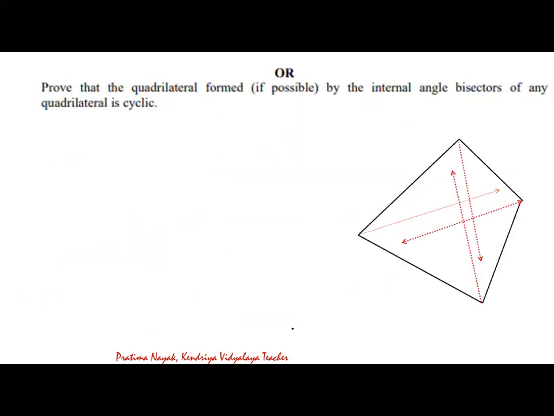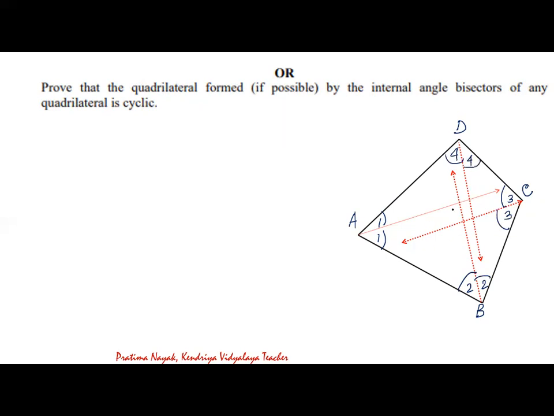Next, prove that the quadrilateral formed by the internal bisectors of any quadrilateral is cyclic. So I'm taking a quadrilateral ABCD. These are the bisectors: angle 1, angle 1, angle 2, angle 2, angle 3, angle 3, angle 4, angle 4.